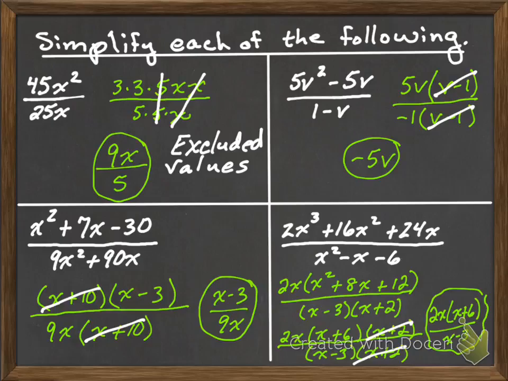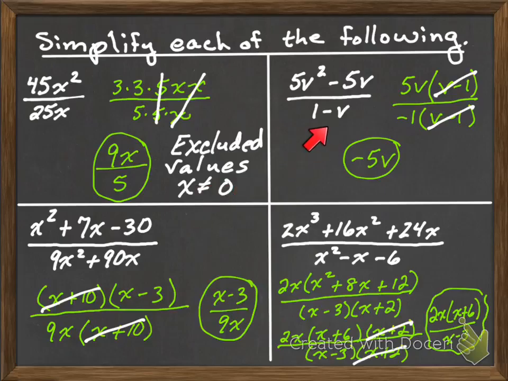So in this first problem here, if you look at your denominator, we have 25x. Since you cannot divide by 0, that simply means that x cannot equal 0 for this problem. Because if x is 0, then you would be dividing by 0, and that's not possible. So 0 is an excluded value.